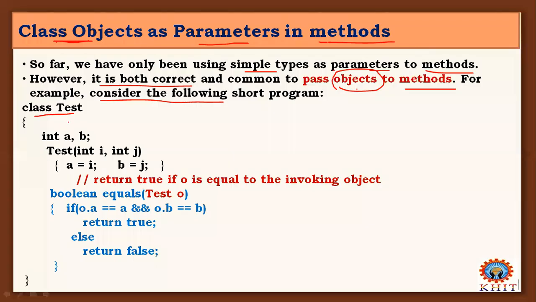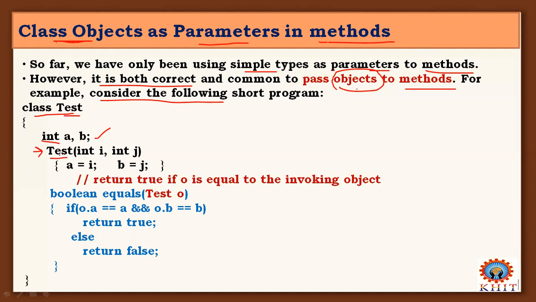Here is class Test with two instance variables a and b of type integer, and a constructor named Test. It is a constructor because the name of this method is the same as the class name.